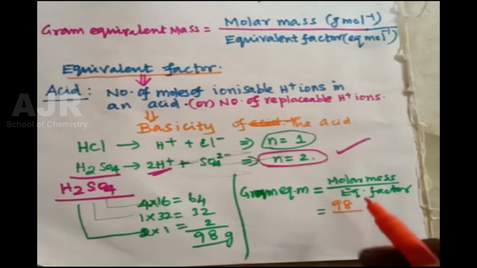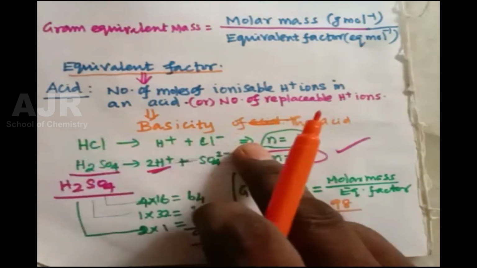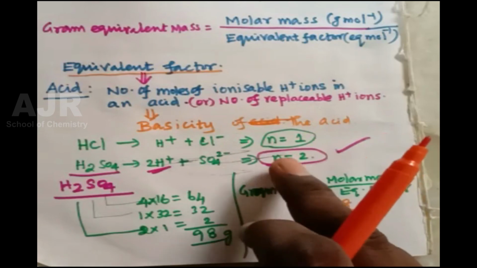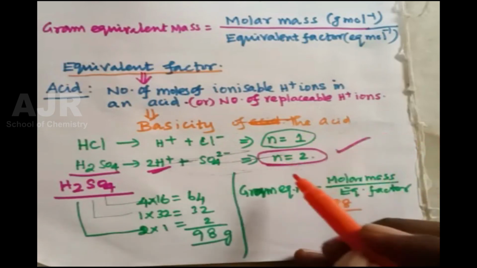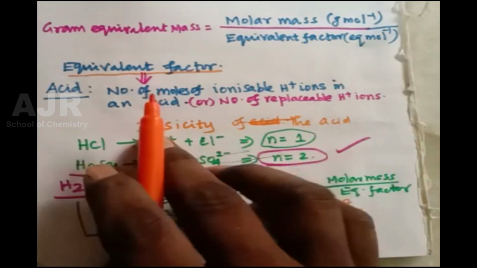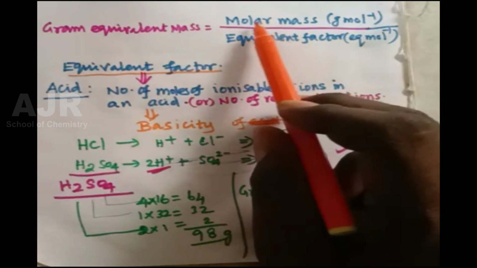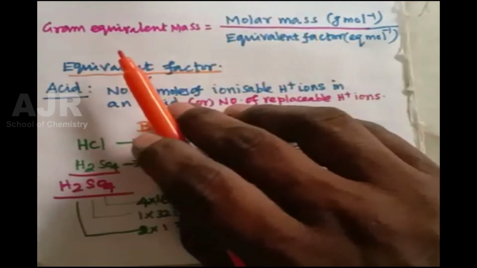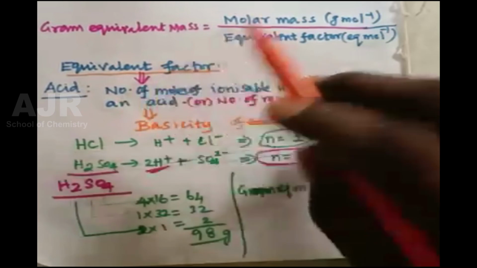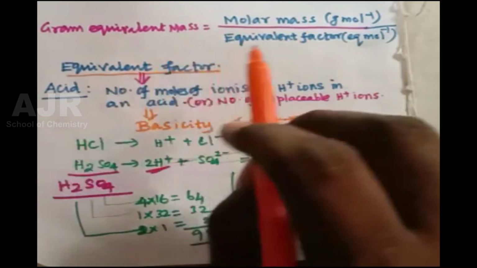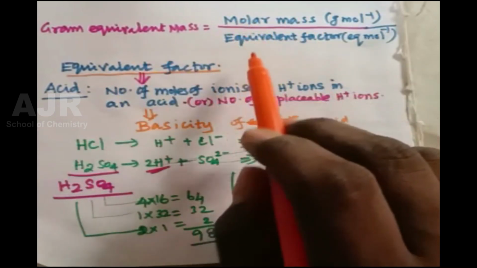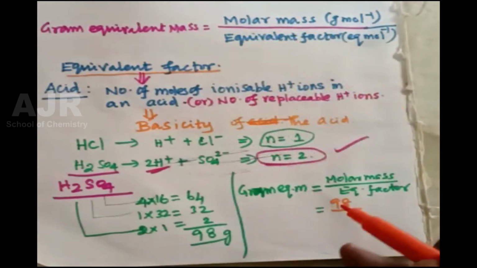The equivalent factor we have calculated as 2, right? So here you are applying the molar mass and the equivalent factor in this formula to get gram equivalent mass.